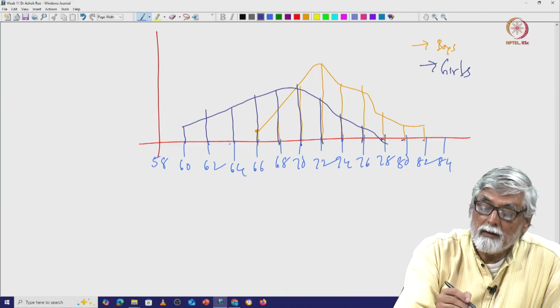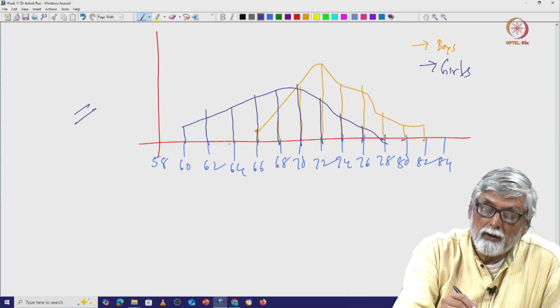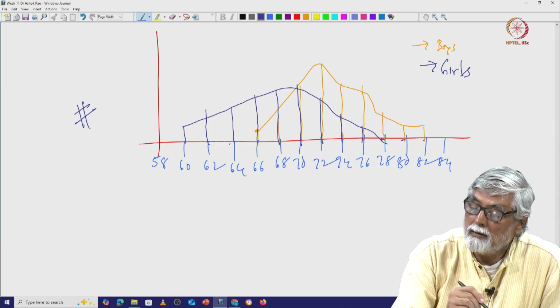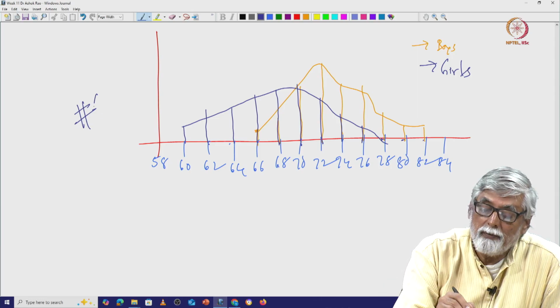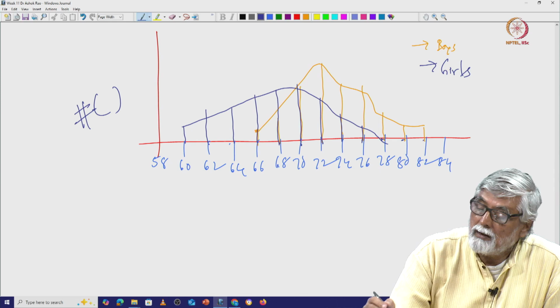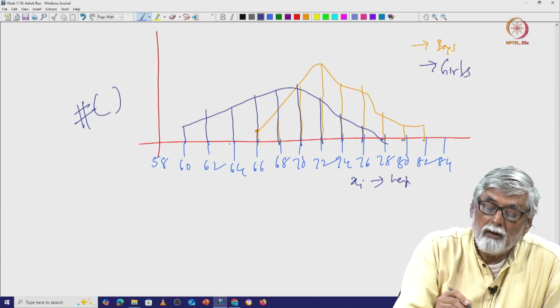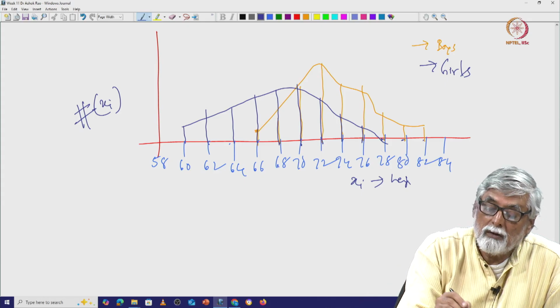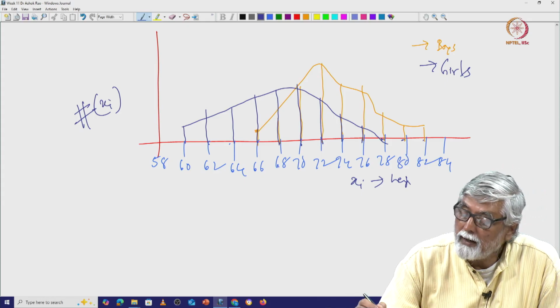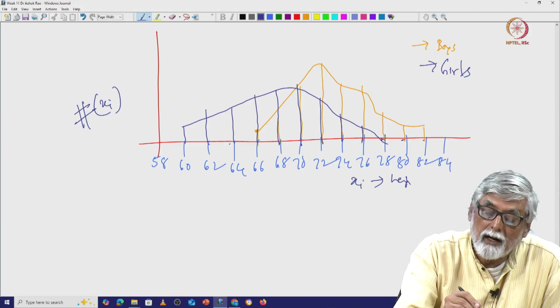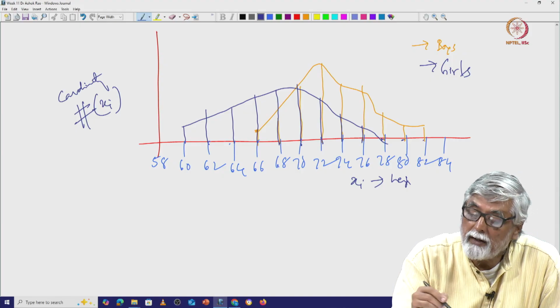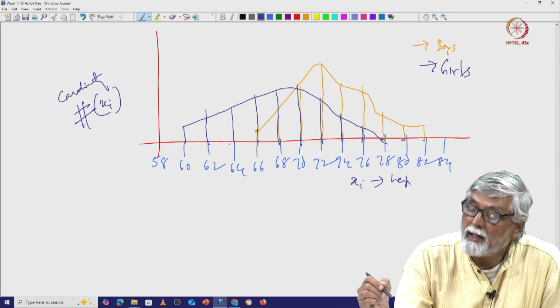So, this is the number of boys or girls with, let us call this variable xi, which is height. You are now plotting a variable versus the cardinality of counts with that variable.